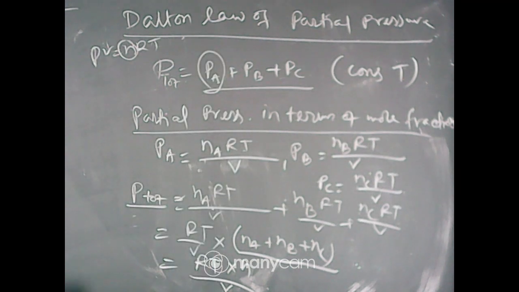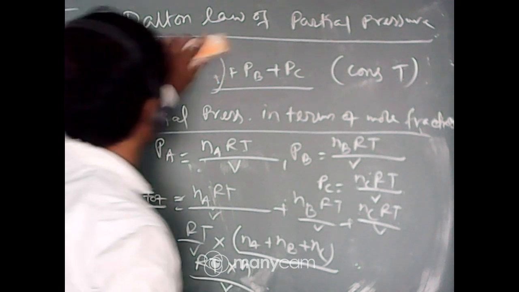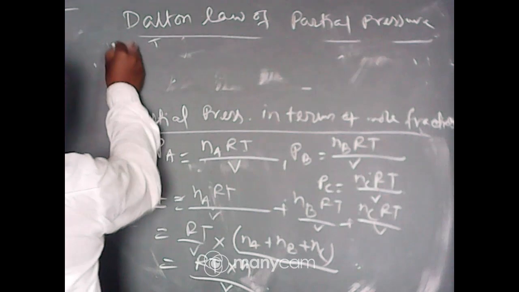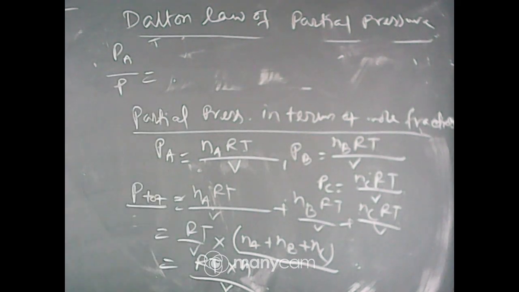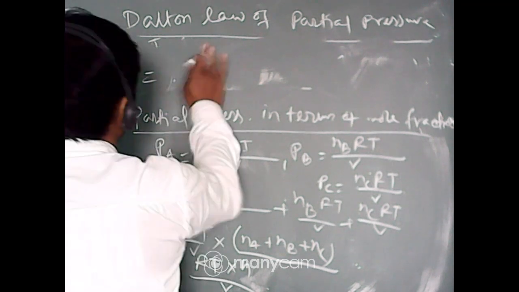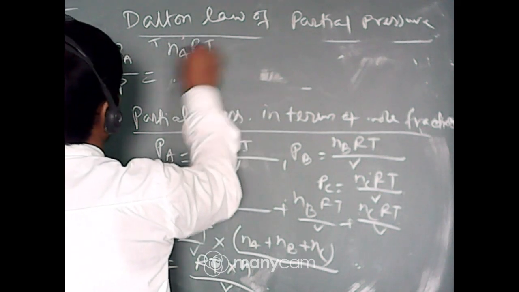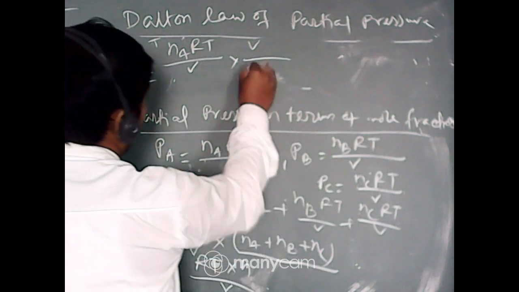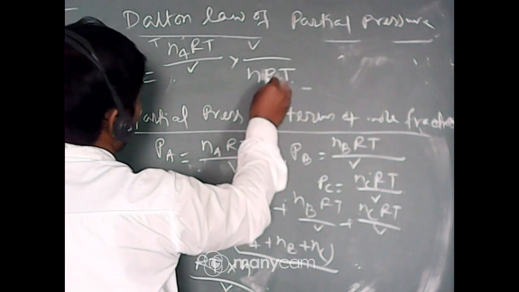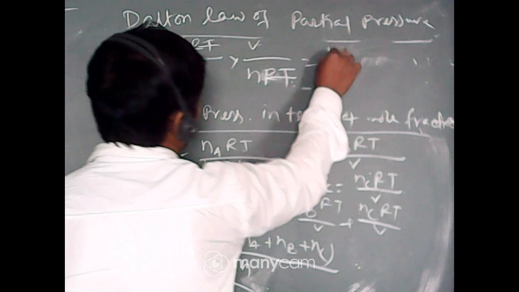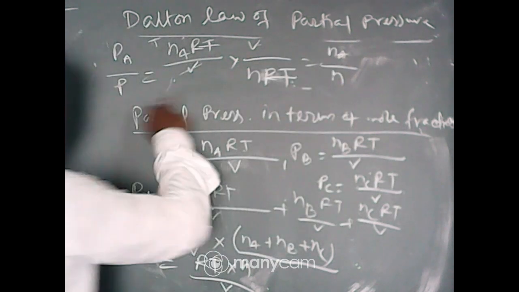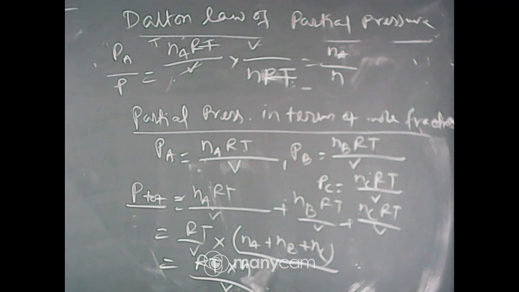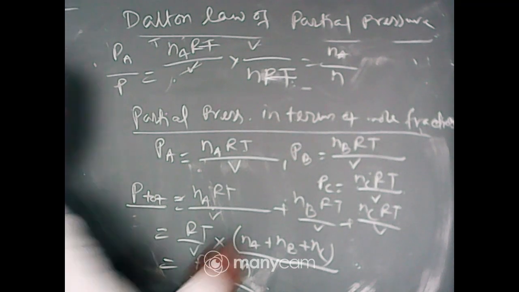So, we have to take the ratio PA by P. Now PA equals NA RT by V, and P equals nRT by V. So this part cancels out, V cancels out, leaving NA by N. So PA by P equals NA by N. What is this NA by N?